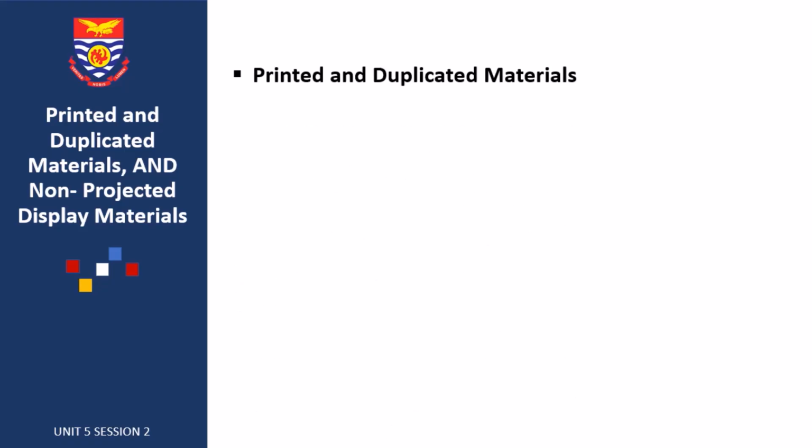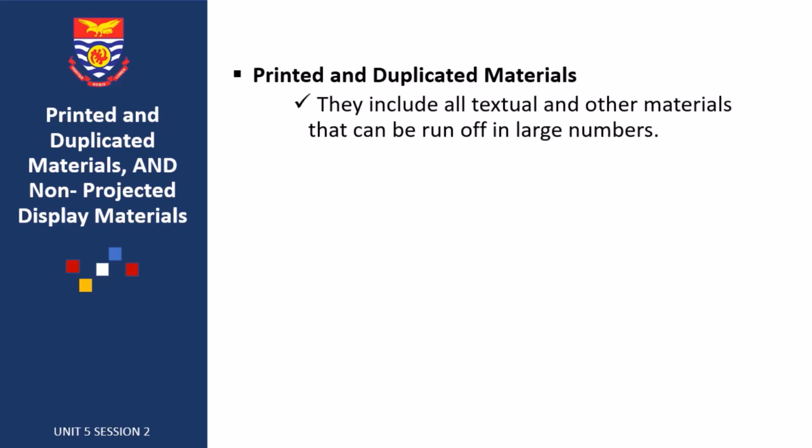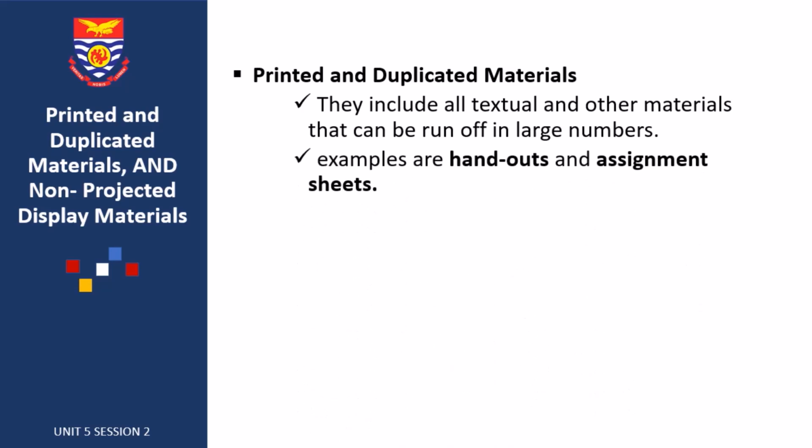The printed and duplicated materials include all textual and other materials that can be run off in large numbers. And with this, we are talking of the handouts and assignment sheets. The handouts comprise all different types of information-providing materials that are given out to students.